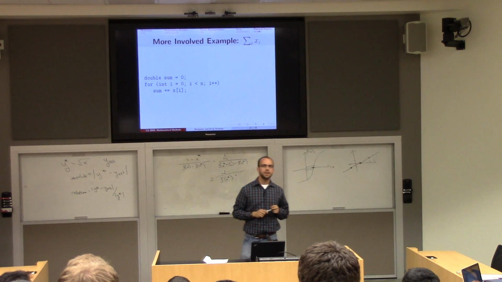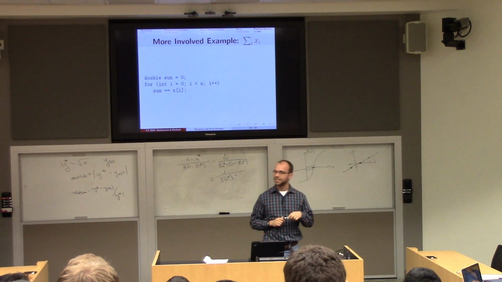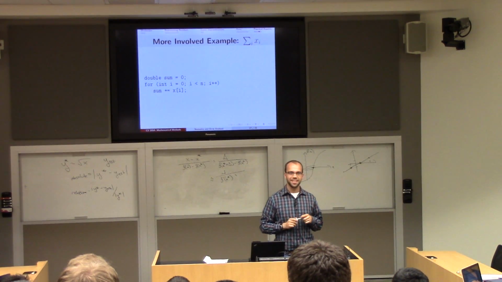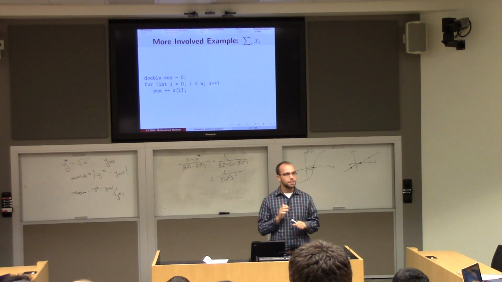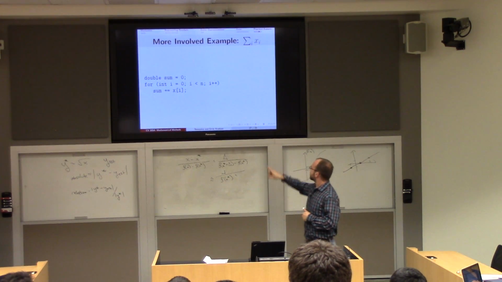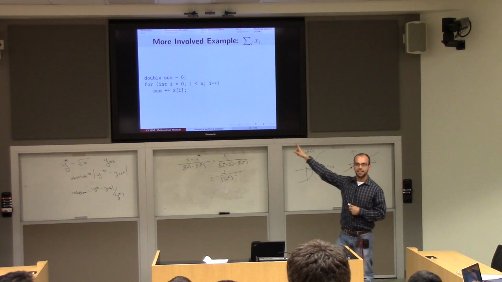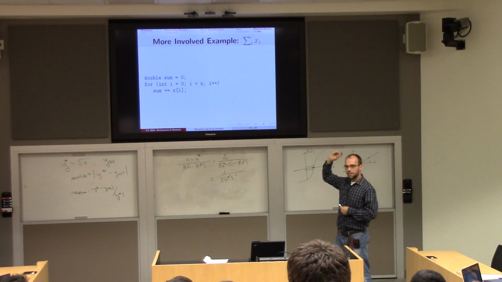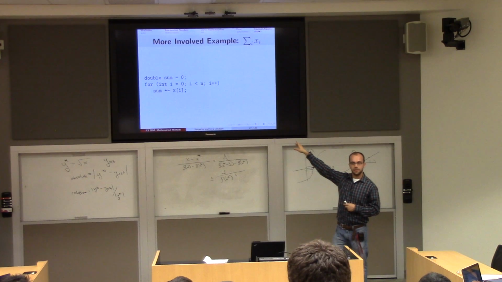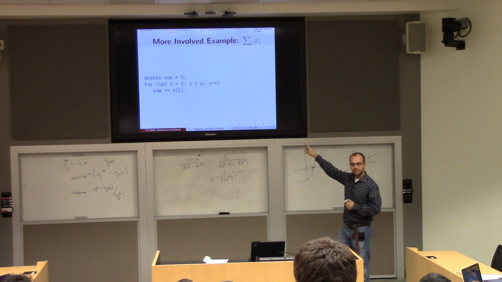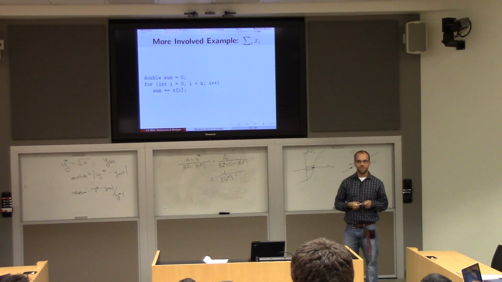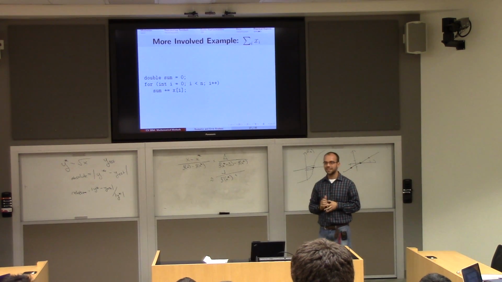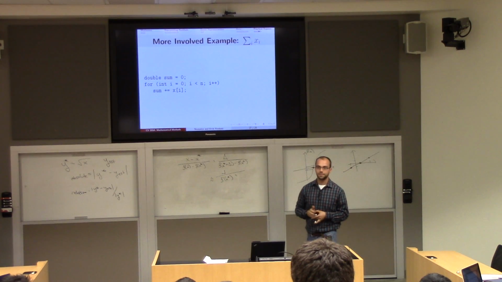You're challenged to think about, for the next class, it might be just for reading because it's not the world's most important algorithm, whether you can sum up all the numbers in a list without inducing an error proportional to n. That is, can you get an error that's proportional to the lowest order bit? That's what you'd like, and it seems reasonable to ask that. But this algorithm doesn't do that.